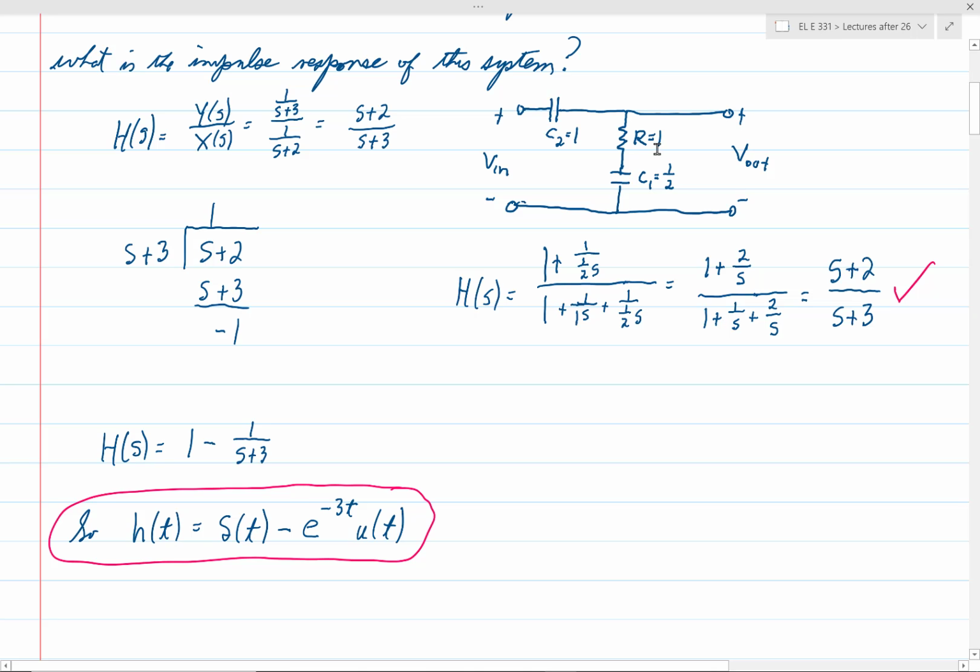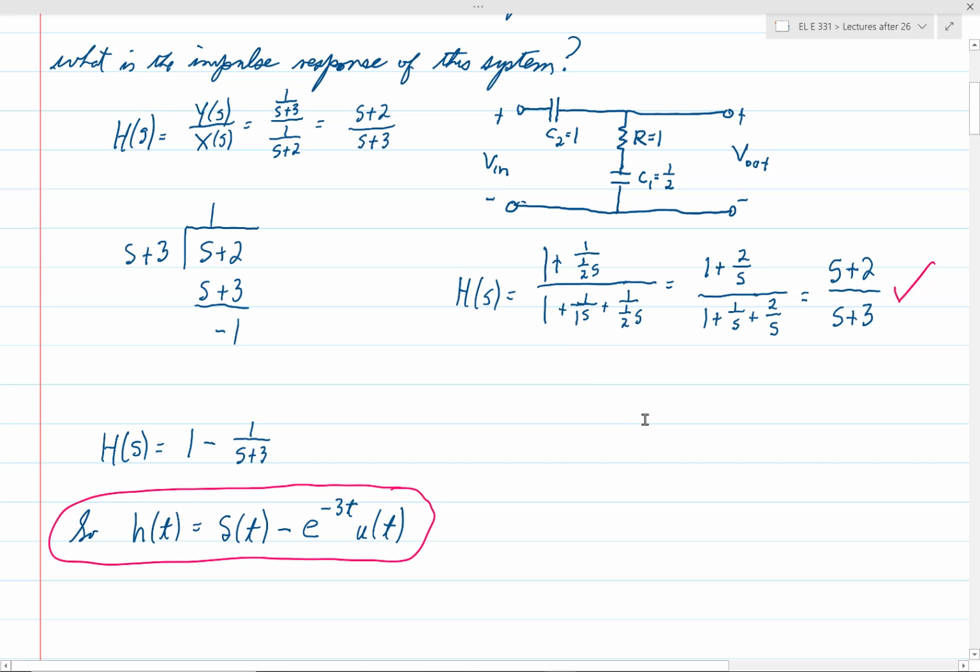So you have 1 for the resistor, 1 over C1 s. I'm sorry, this is C2 here, so 1 over 1s and 1 over 1/2 s for this one.